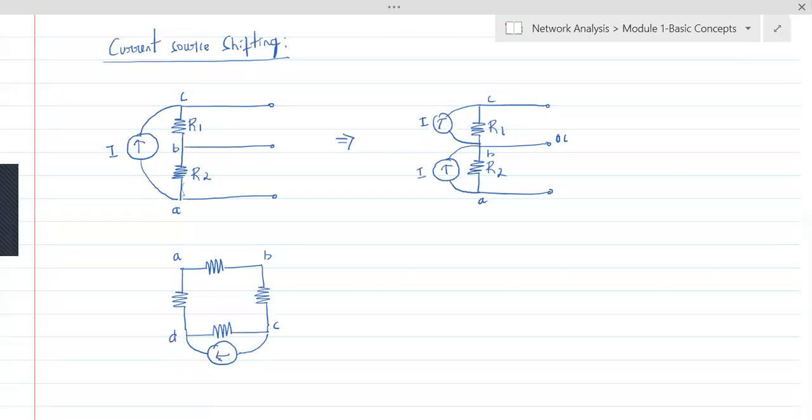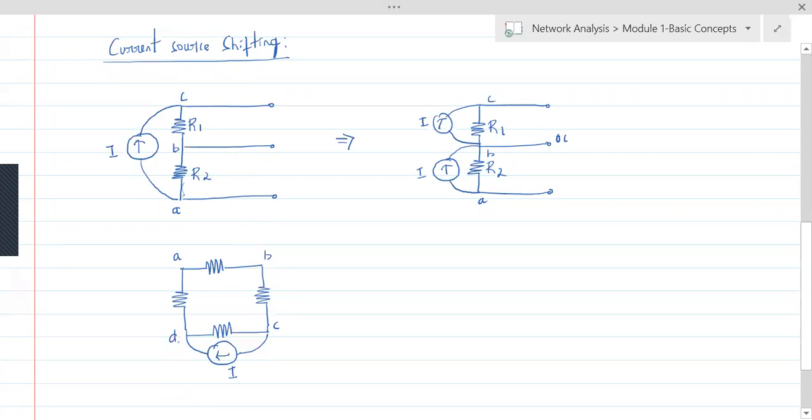This current source can be transformed now, but just for the sake of learning shifting, see, there is a current I moving from C to D, right? There is a current source moving from C to D. Everybody understand that?